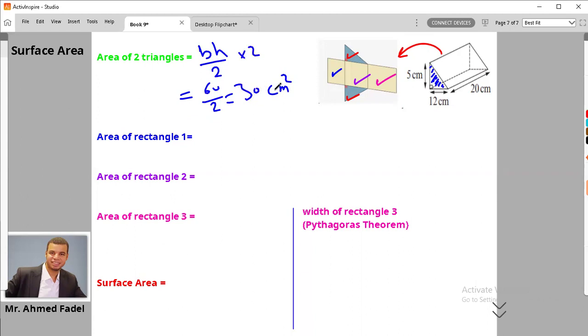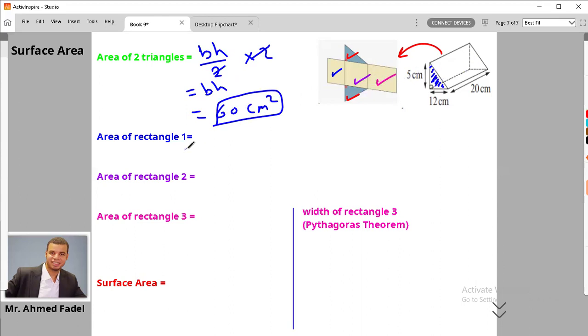Let's start this over. Base times height over 2, I multiply by 2, which is going to be only base times height. So it equals 5 times 12, which is 60 centimeters squared. Now I found the area of the two triangles.